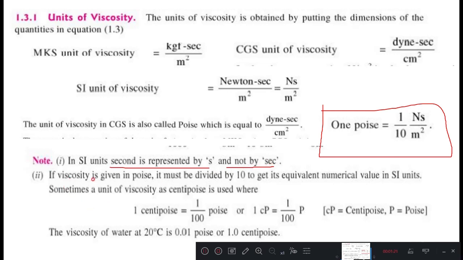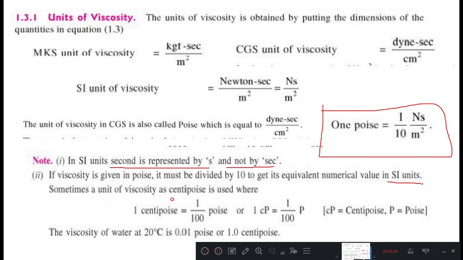If viscosity is given in poise, it must be divided by 10 to get its equivalent numerical value in the SI system.